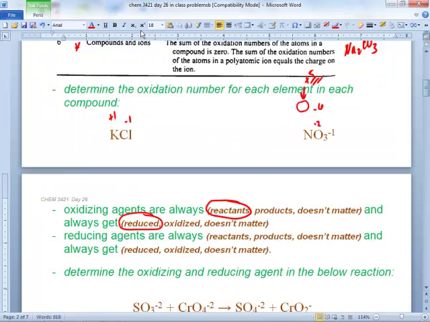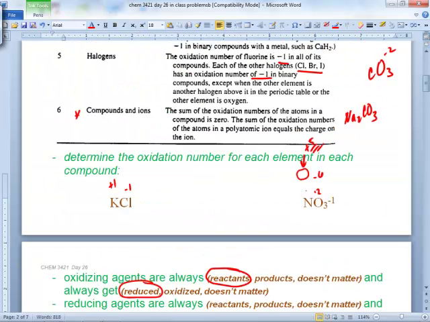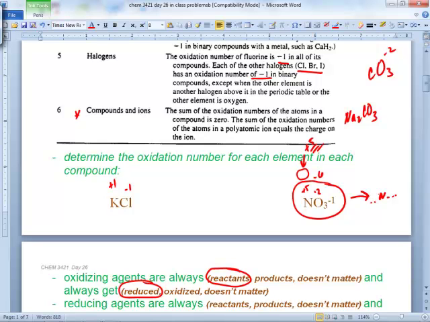Kimberly, let's go back here. We said nitrogen is positive 5. Who knows what he goes to? Nitrogen and some other thing. But if this nitrogen is going to get reduced, what does that mean for his oxidation state, Kimberly? What could it be? If he's going to get reduced, what could be a possible number for him?